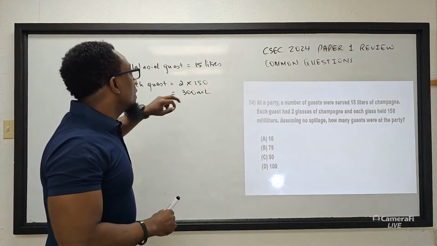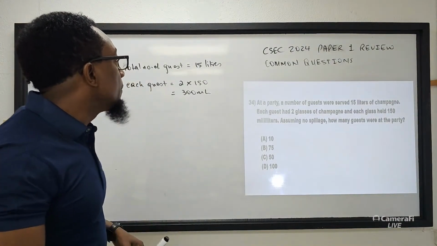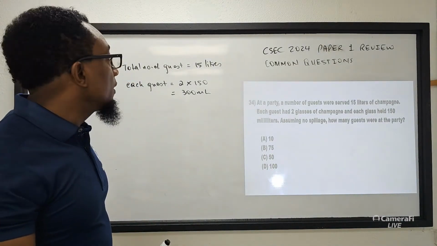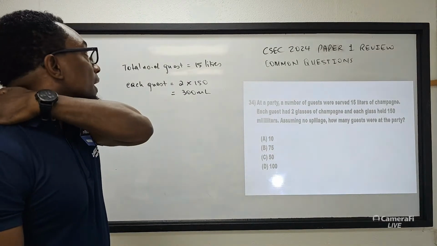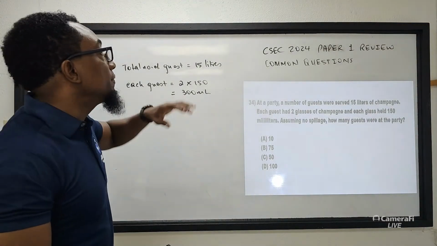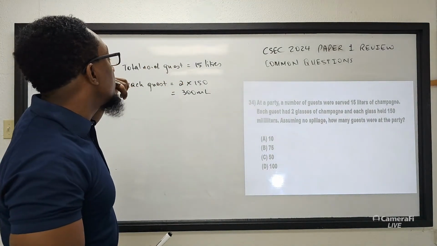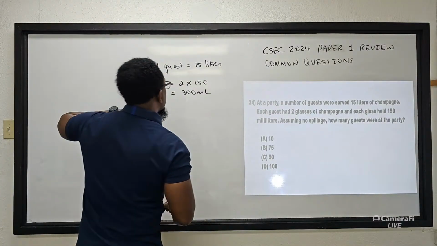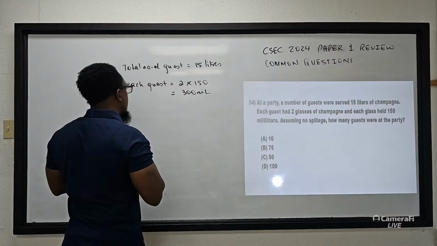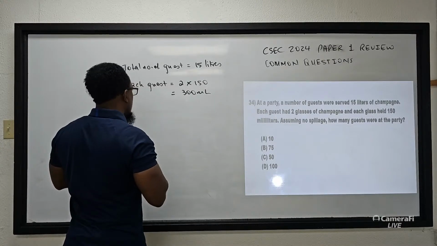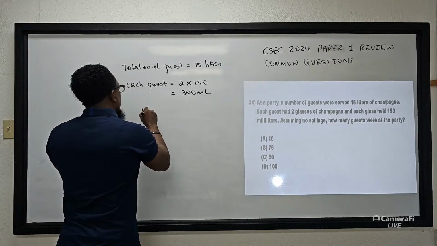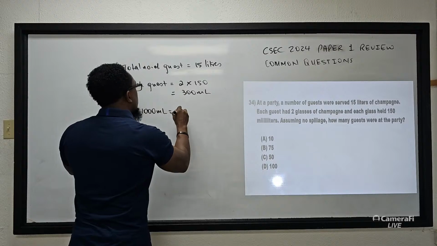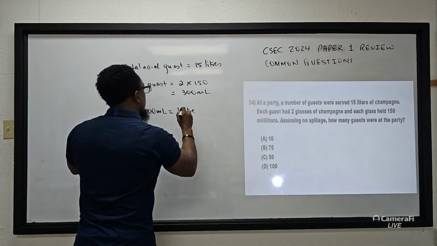Now, let's convert 300 milliliters into liters. What we will do is divide that into 15 liters so we can determine the total number of guests. So we know that 1000 milliliters is equal to 1 liter.